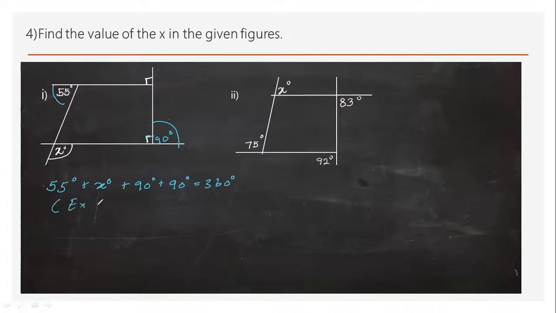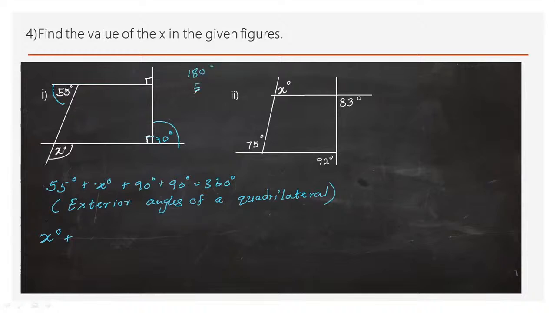Exterior angles of a quadrilateral. Then you can write x plus 55, 90, 90, 180.